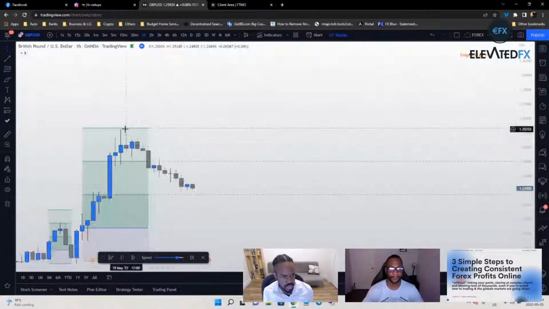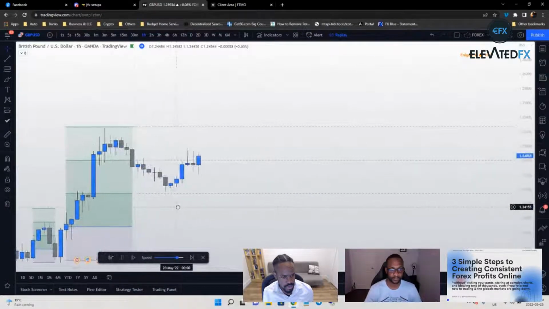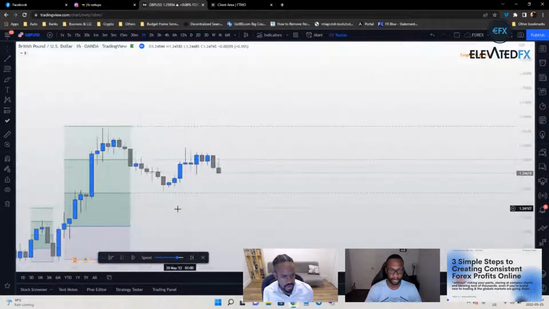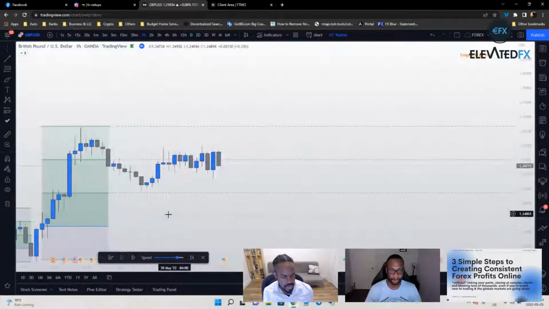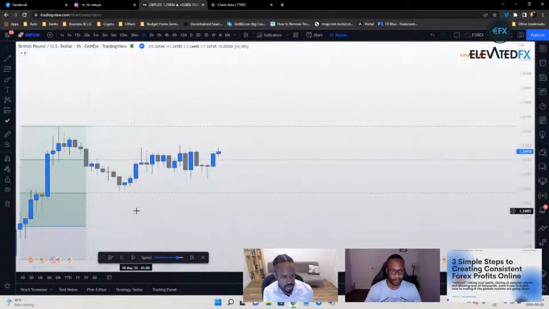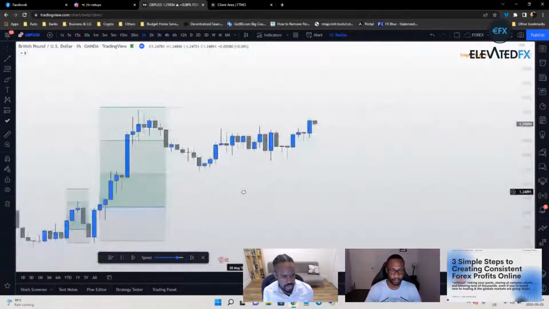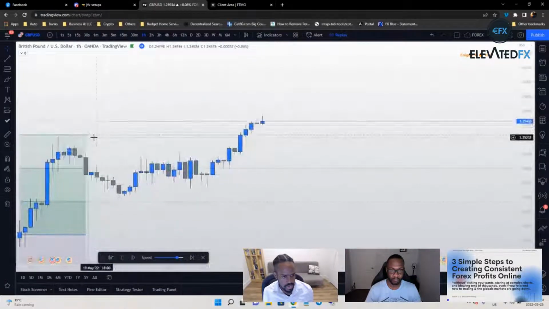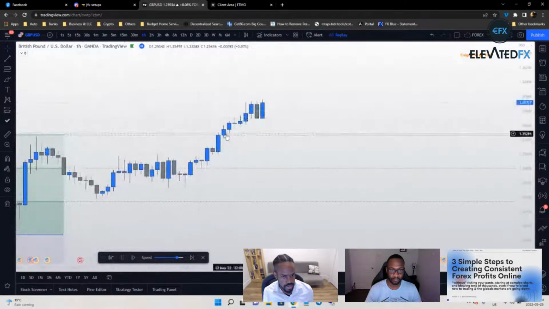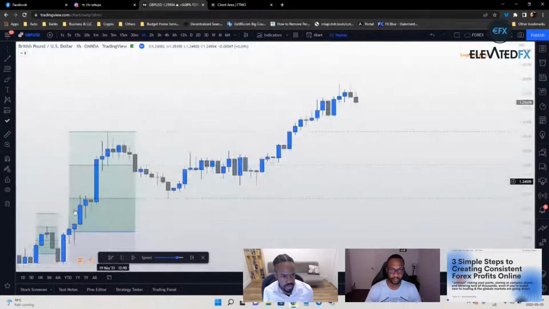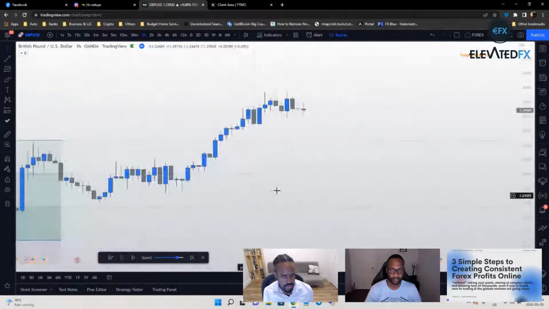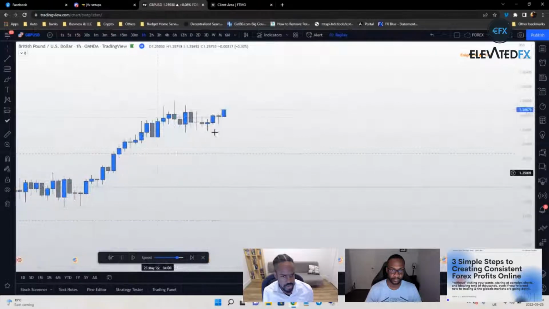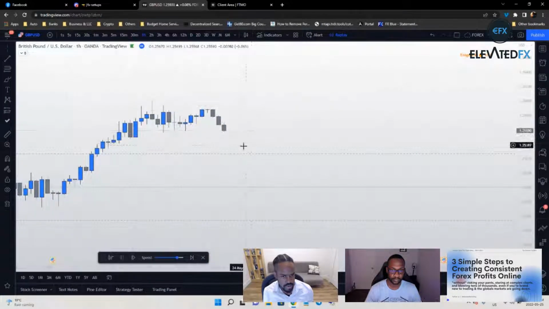So it almost hit TP3, but if you had our trade manager that Carl will show in a few minutes, you would still be in the trade. And as you could see, it hit TP3 right there on this candle. So you would still be in the trade because it never went to your stop loss. And you would still be trailing the trade here.